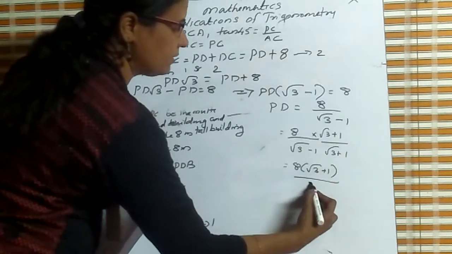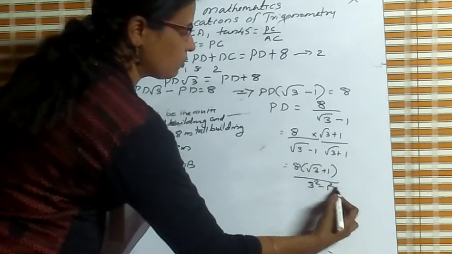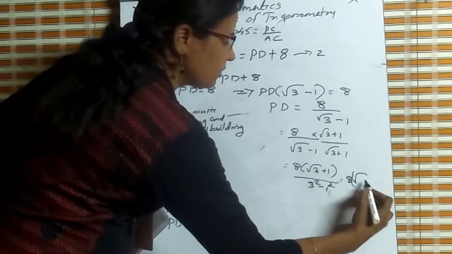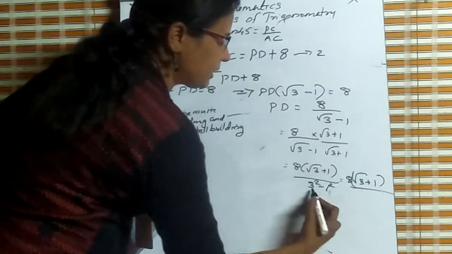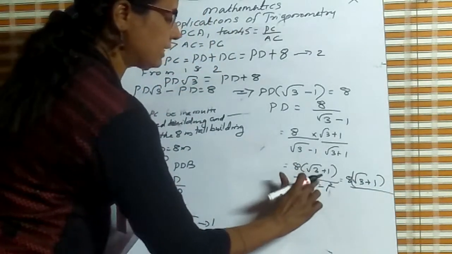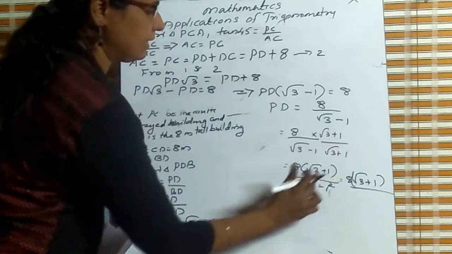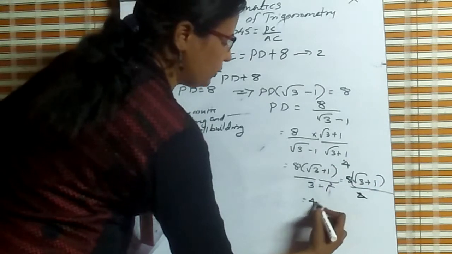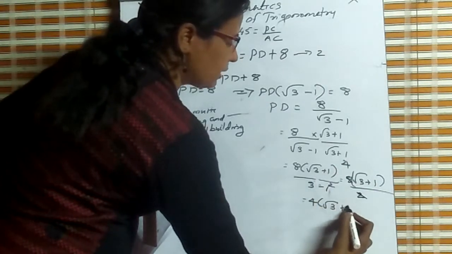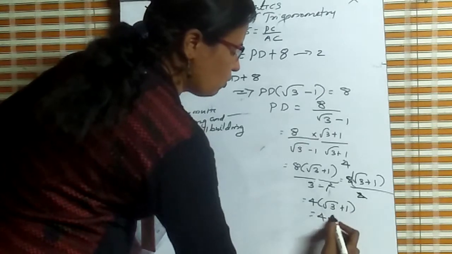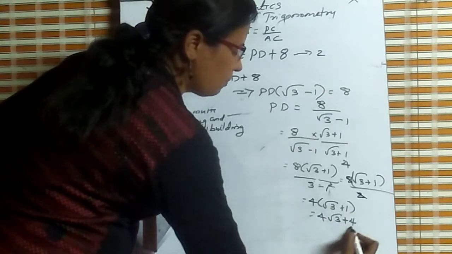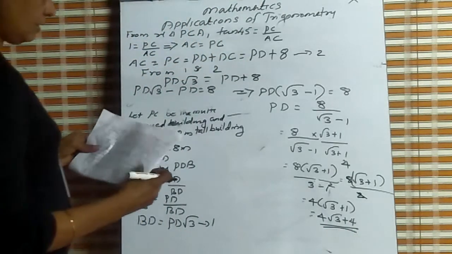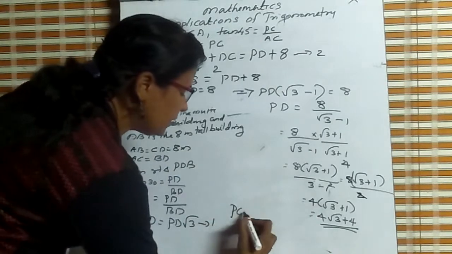Root 3 square minus 1 square equals 8 into root 3 plus 1 divided by 3 minus 1, which is 2. 8 by 2 is 4, equals 4 into root 3 plus 1, equals 4 root 3 plus 4, which is equal to PD.